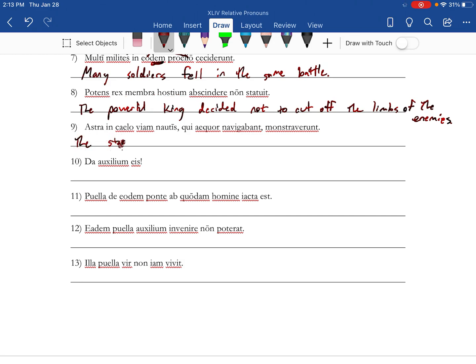The stars in the sky showed or has shown the way to the sailors who were sailing the sea.